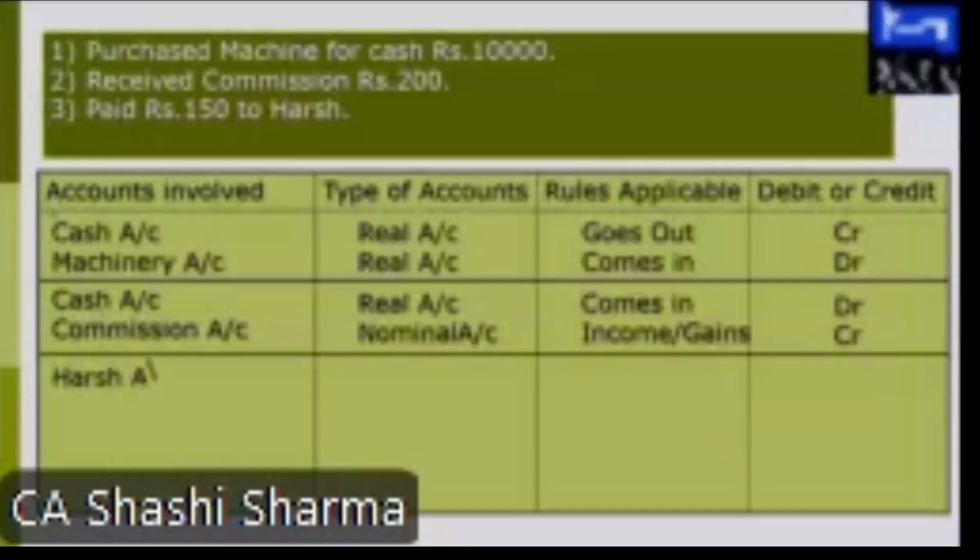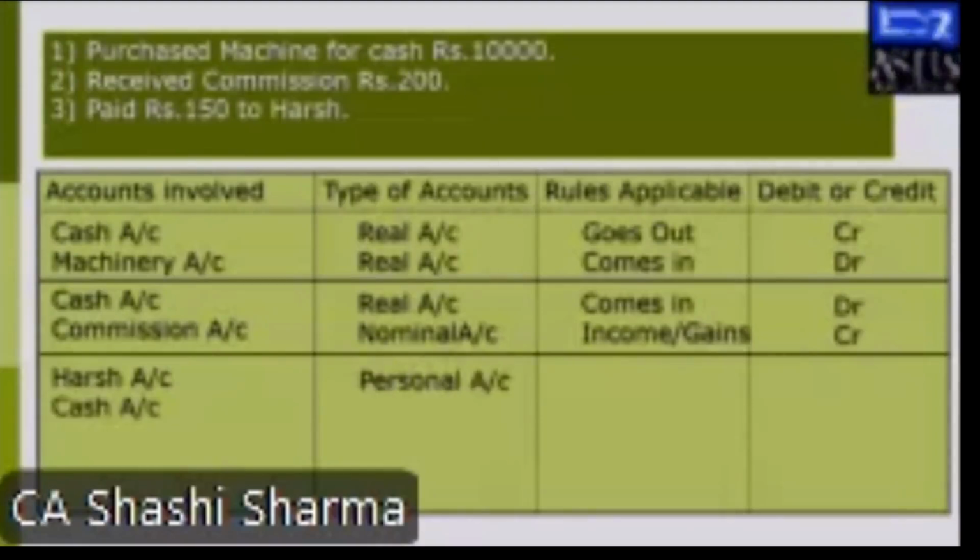So here we have Hers account and cash account. Hers is the name of a person, a natural person, so it has been categorized under personal account. And cash is once again real account.